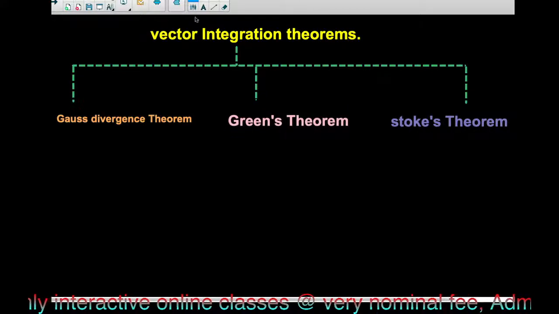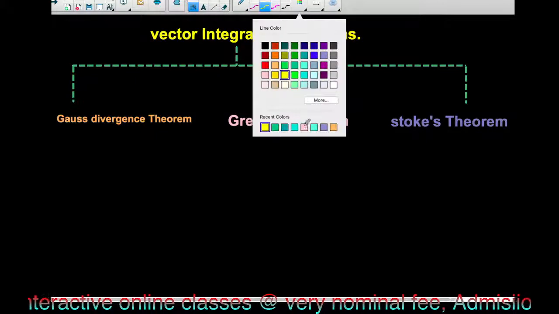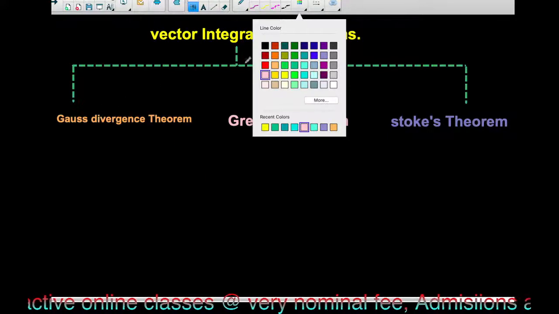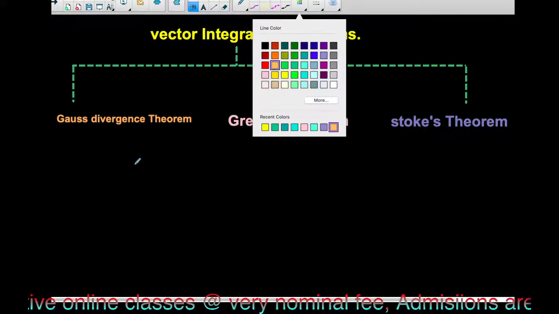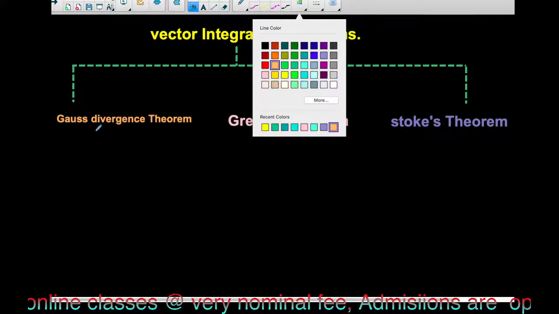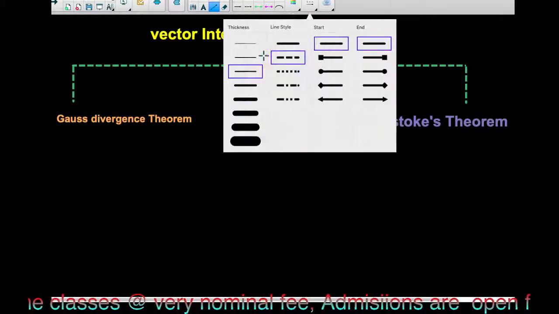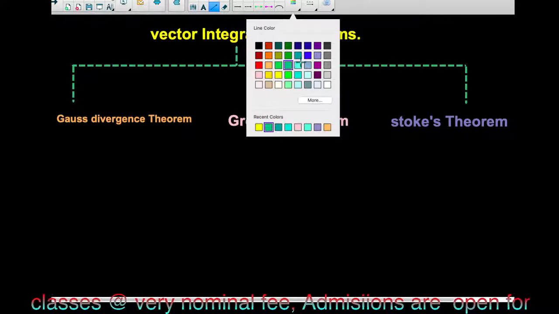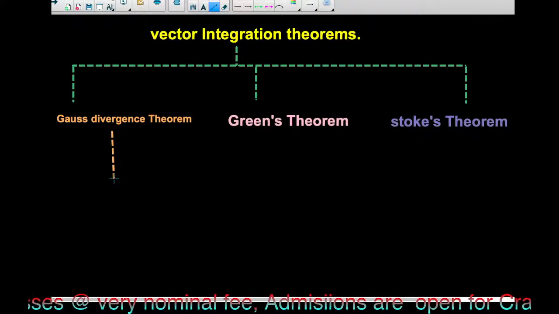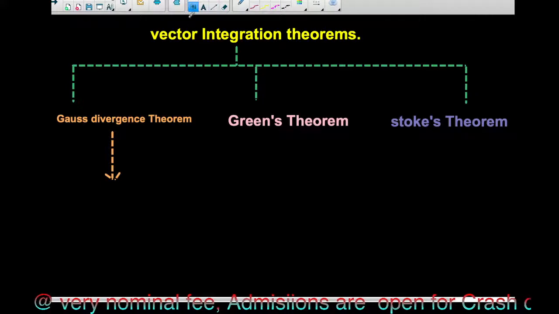What does Gauss theorem do over here? Let's see. Gauss theorem gives the relation between double integral and triple integral, right? It provides the relation between this one and this. That is what Gauss theorem can do for us.